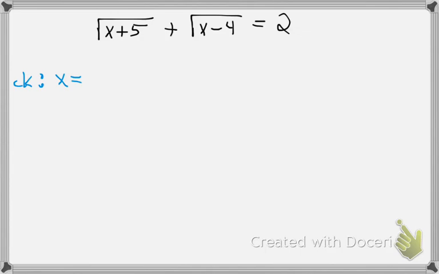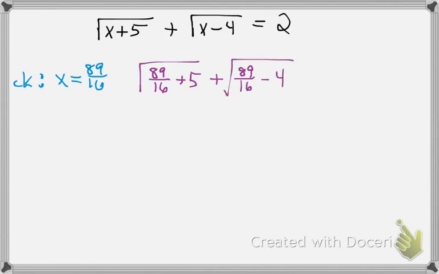The bad news is it's 89 over 16. So if I plug in, I've got square root of 89 over 16 plus 5 plus square root of 89 over 16 minus 4, and we're ever so hopeful that that's going to come out 2.